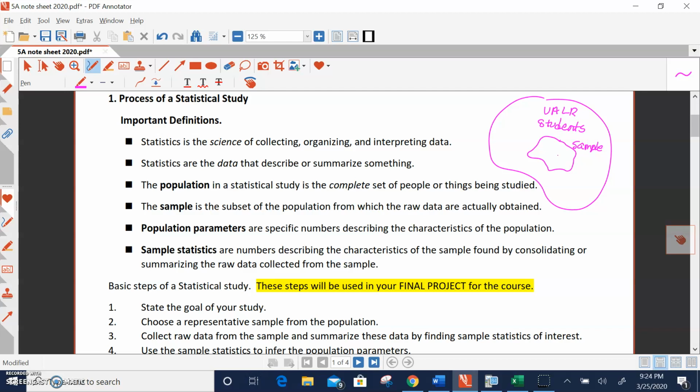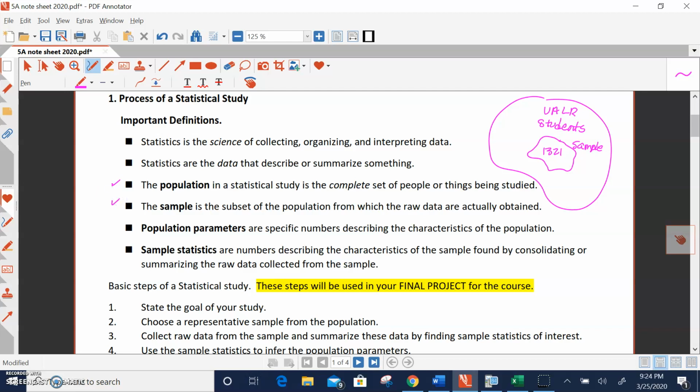And hopefully that sample would give us information where we could make inferences about the population. So you in this Math 1321 class, you guys would be a sample. So those members in this class would be a sample of the population of UALR students. So I think that helps keep those two terms straight.